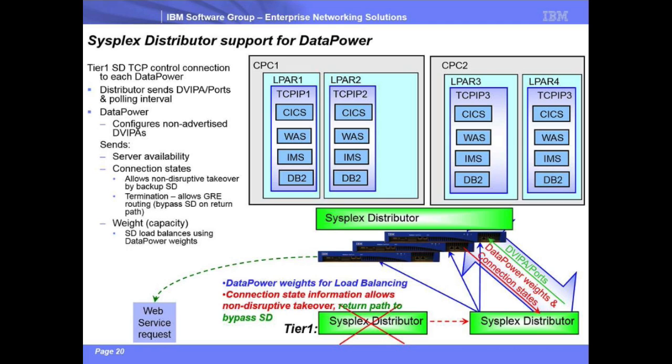So a distributor can take over, and that distributor knows for the existing connections which DataPower appliance to route each connection to. GRE is used to route to the DataPower appliance, and this allows the Sysplex Distributor to be bypassed on the return path back to the client.